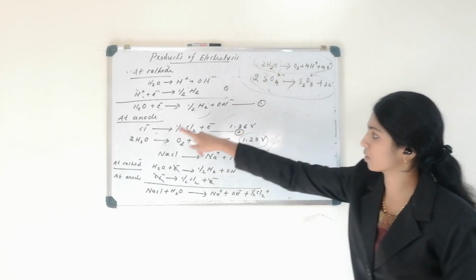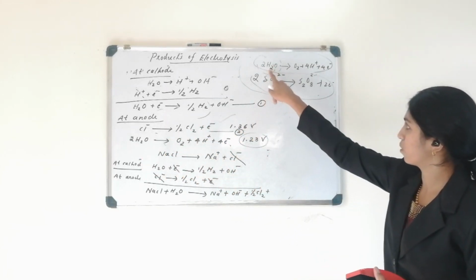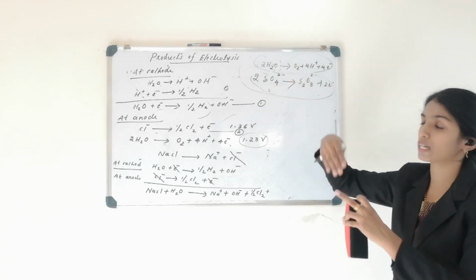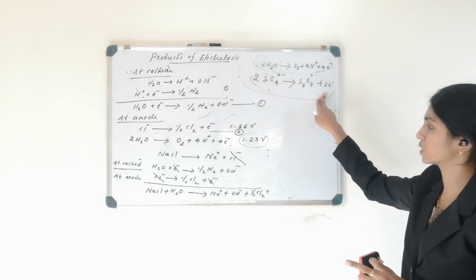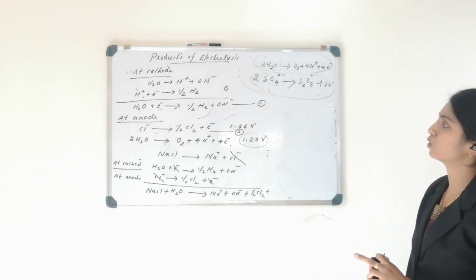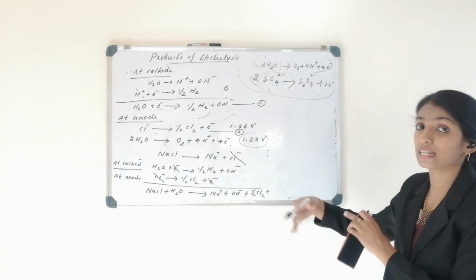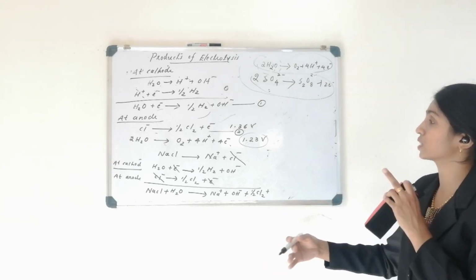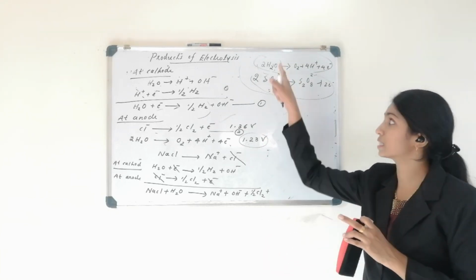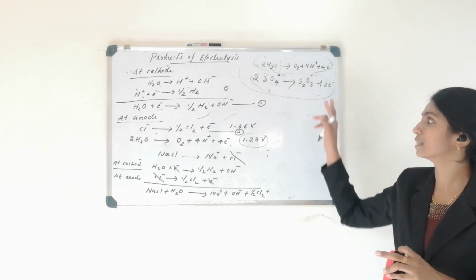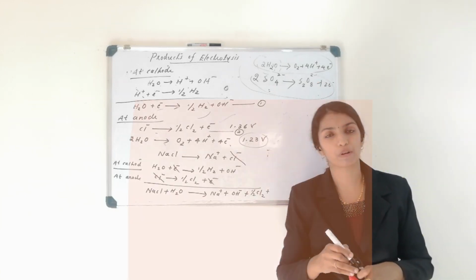For the OH minus ion, we have already discussed that. 2H2O gives O2 plus 4H plus 4 electron. If sulfate ion moves towards the anode, the reaction occurring is 2SO4 2 minus gives S2O8 2 minus plus 2 electron. Here one interesting factor is that at the lower concentration of sulfuric acid, this reaction is preferred, and at the higher concentration of sulfuric acid, the second reaction is preferred.